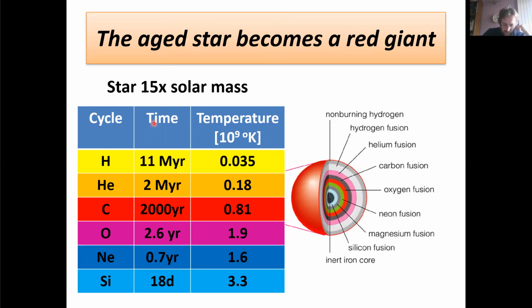So this star would only burn 11 million years in the hydrogen on the main sequence. Then one assumes that for the helium burning, which means the triple alpha process, we need already hotter temperature, 180 million degrees. Only 2 million years, or now with the newest result from Tibor, it would probably be just 1.5 million years.